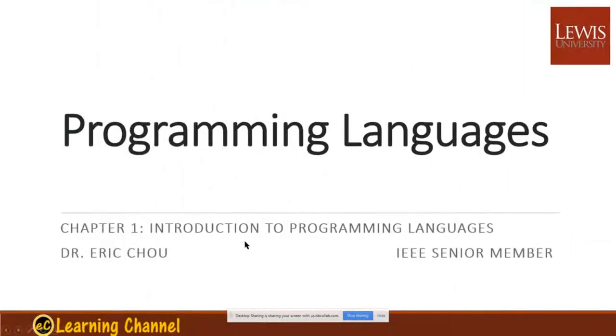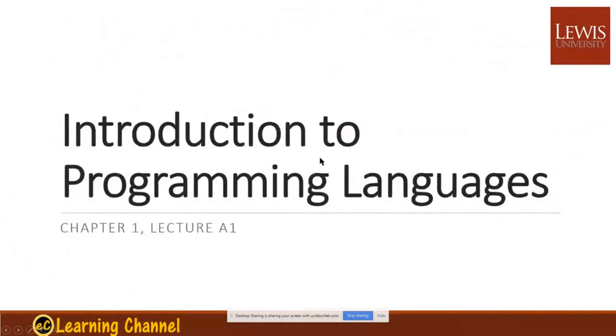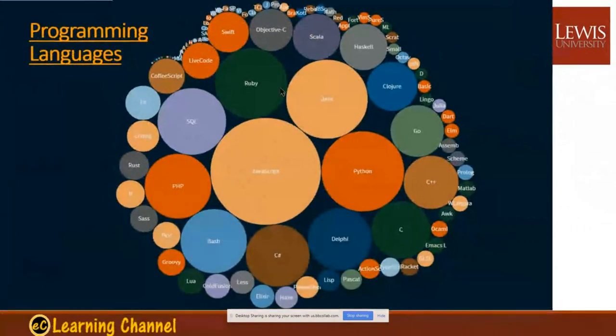So chapter 1 is Introduction to Programming Languages. Here we have a lot of different programming languages. In terms of installation and daily use, JavaScript has the largest amount because there are so many websites, and a lot of websites right now do client-side computing.